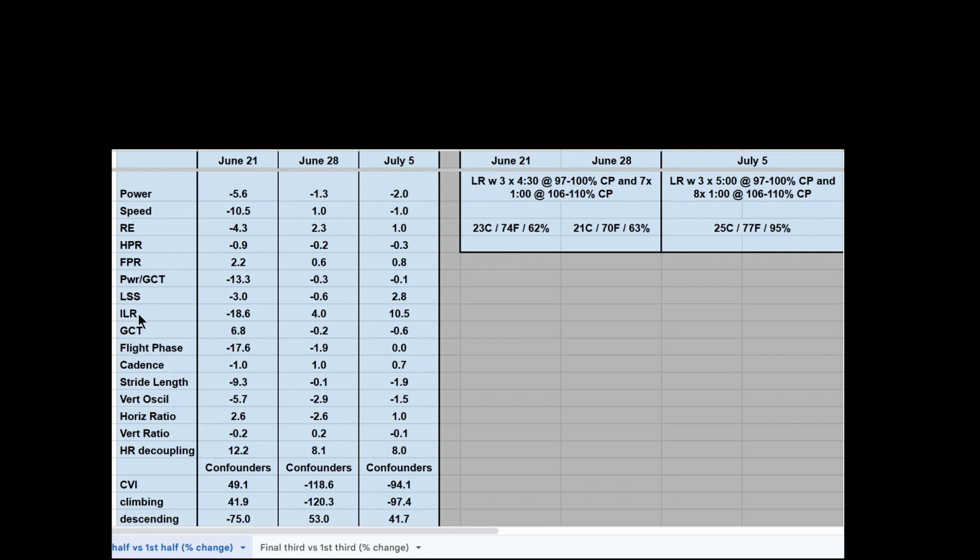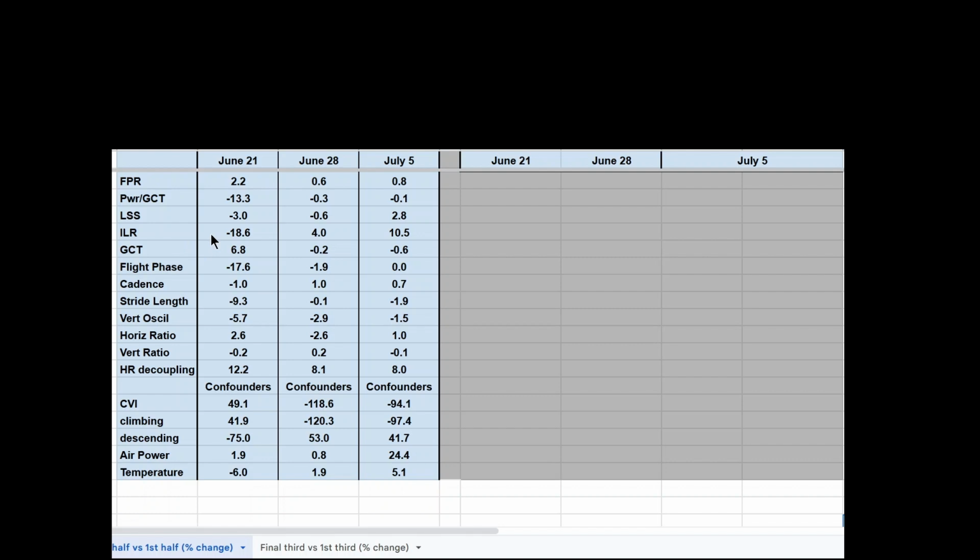Impact loading rate, which is a stride metric, declined. Now that's unusual because in a fatiguing scenario, impact loading rate increases. Mechanical fatigue causes impact loading rate to increase. However, the confounder here is that he was doing more climbing, less descending.